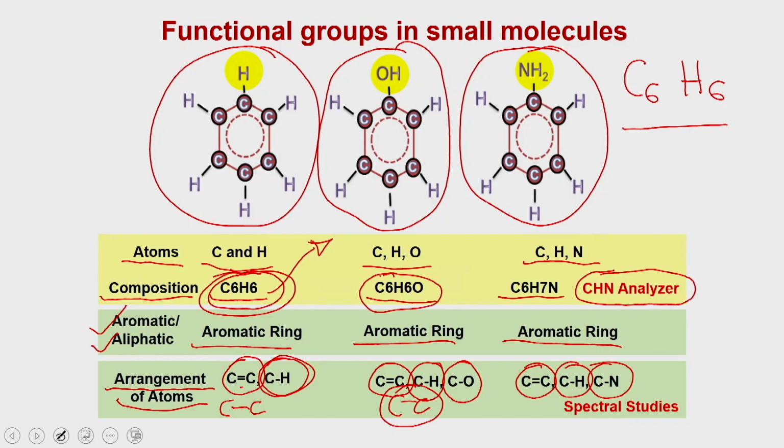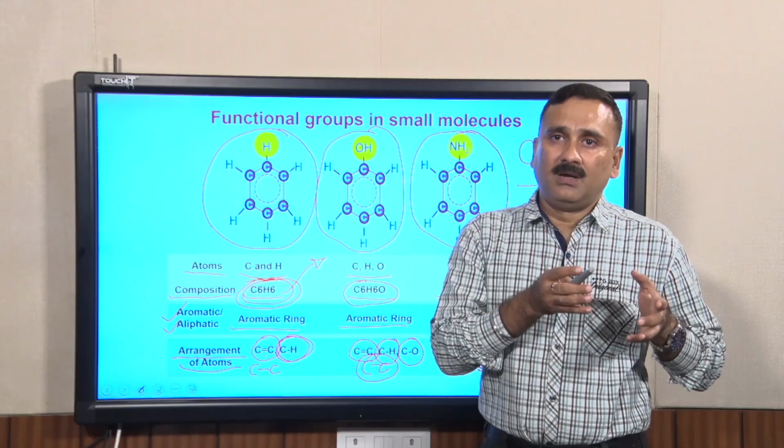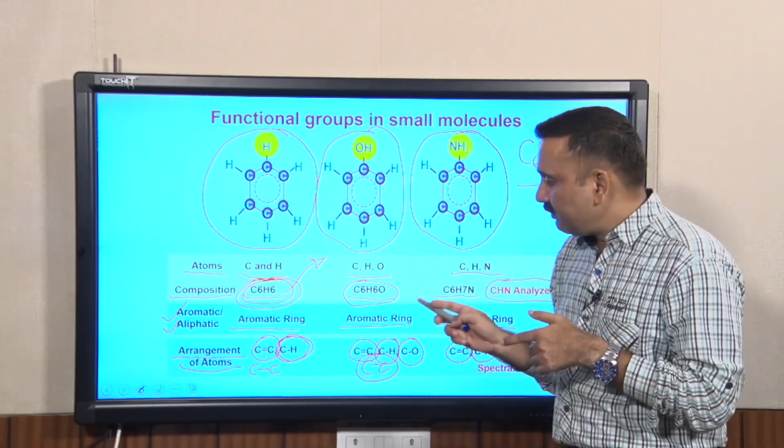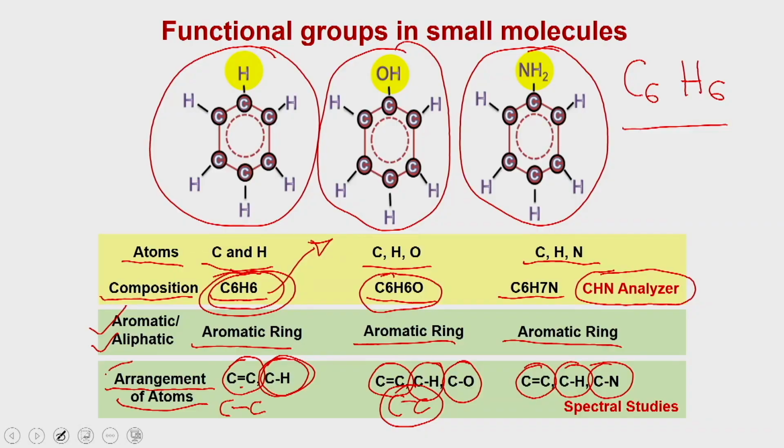In the case of phenol, you get an empirical formula C6H6O, which means now you have an oxygen, and that can give you the functional group of an aldehyde, or the functional group of an alcohol. That information, whether it is an aldehyde or an alcohol, you will get when you study the arrangement of the atoms.